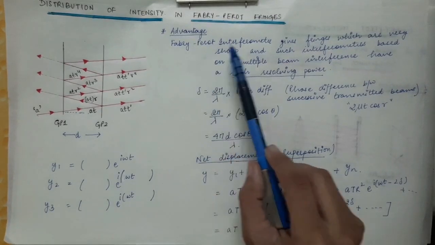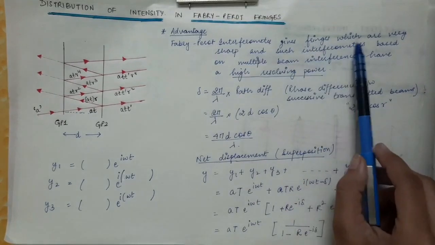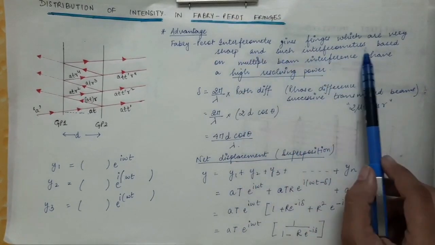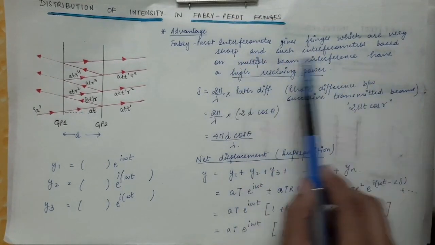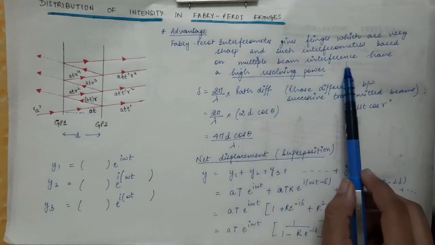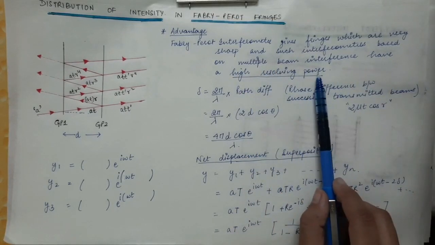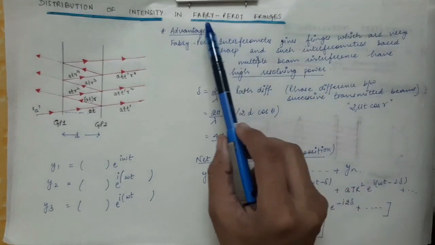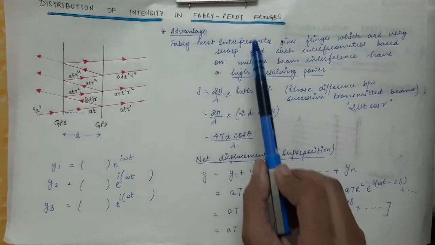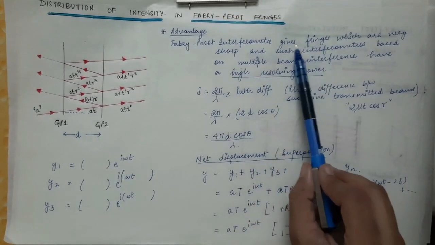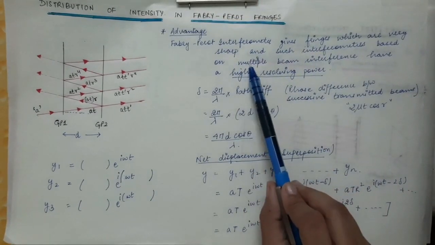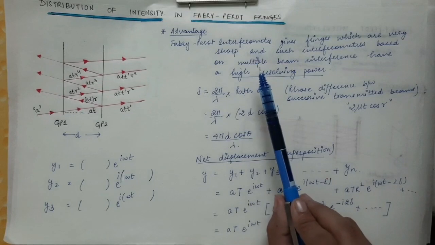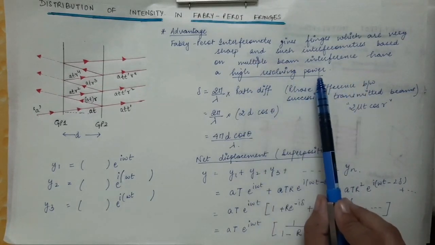Such interferometers, which are based on multiple beam interference, have a high resolving power. We will see what the resolving power is. Just remember that the Fabry-Perot interferometer gives us very sharp fringes, and hence these types of interferometers have very high resolving power.